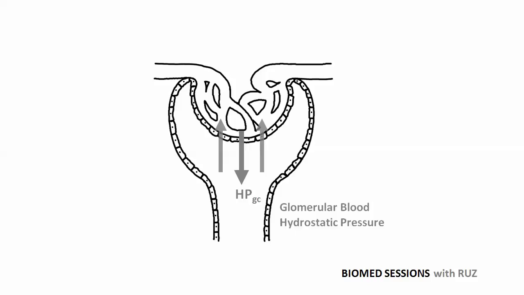The major driving force for filtration is the hydrostatic pressure of the glomerulus, which forces fluid out of the capillary. This is opposed by hydrostatic pressure of the Bowman's capsule and the oncotic pressure of glomerular capillary protein. Note, we tend to ignore oncotic pressure of the Bowman's capsule as only tiny amounts of protein are usually present in the glomerular filtrate.